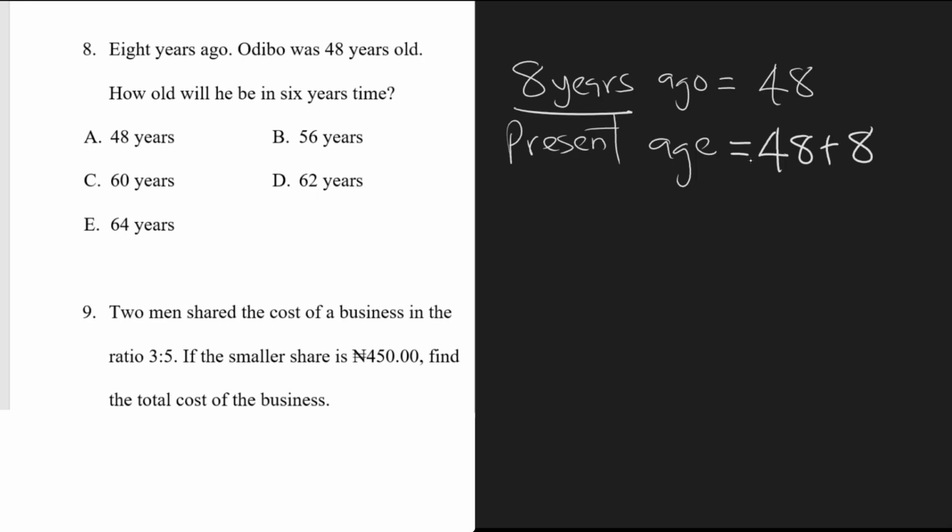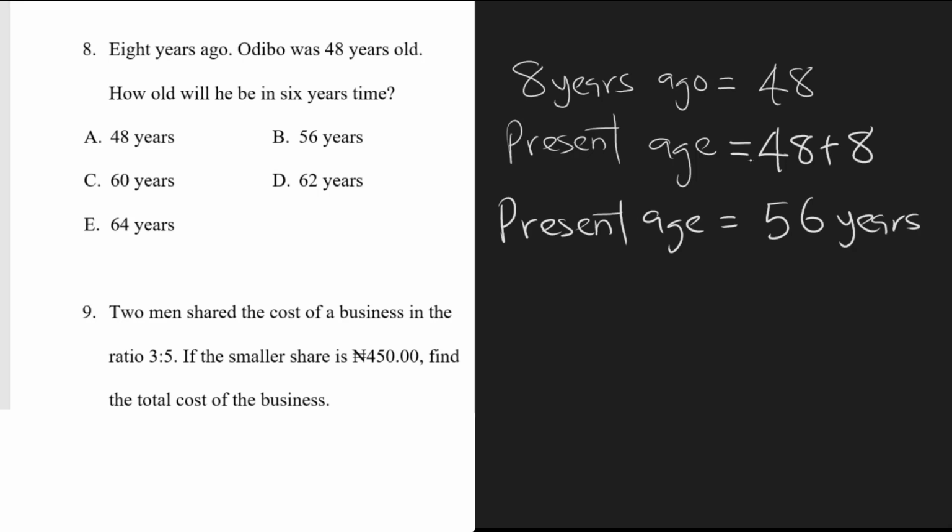So he was 48 8 years ago, so if you want to know his present age, you will say 48 plus 8. So 48 plus 8 is 56, right? So present age is 56 years. Now, since we know his present age, the question says how old will he be in 6 years' time? In 6 years' time, it's simply for us to carry the present age and add 6, right?